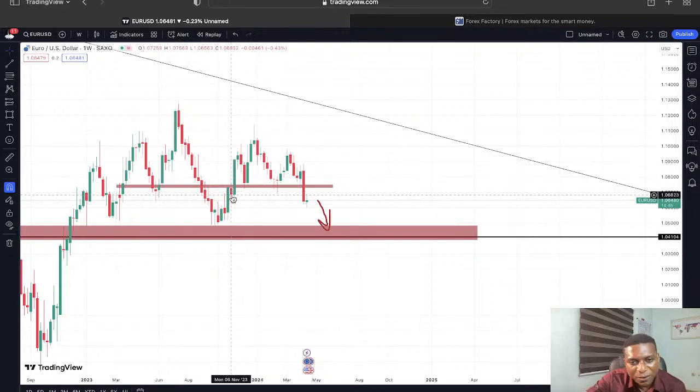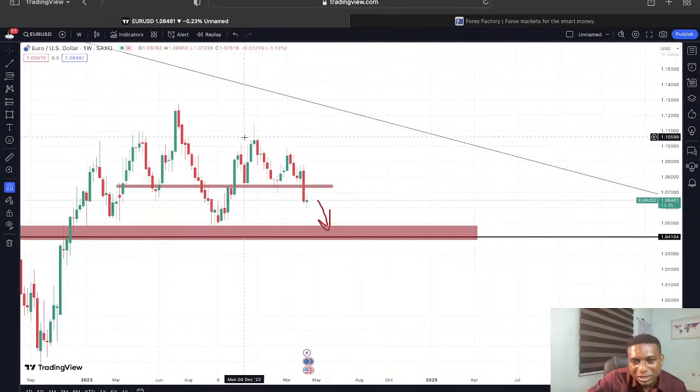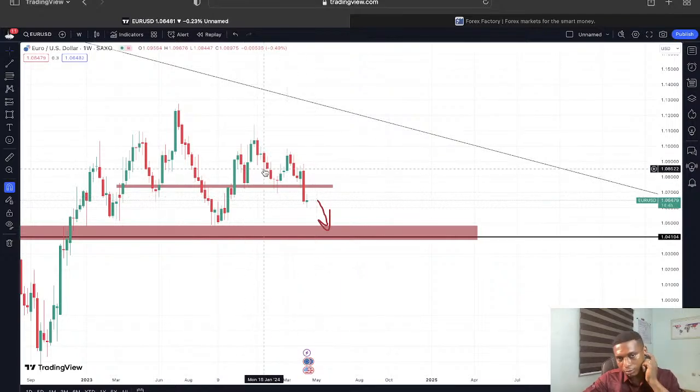It closed far below it. Compared to where it closed here, you can see it closed lower than this. That tells you how heavy the sell pressure is, so heavy that it closed far below 16 weeks of candlesticks.